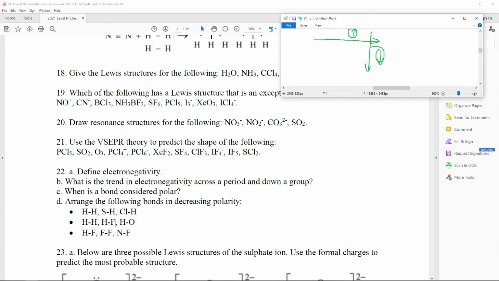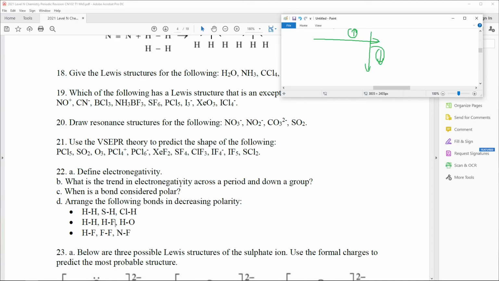An example is Cl and F. These are in the same group, however F is above Cl, and thus it's more electronegative than it. And of course we already mentioned F is the most electronegative in the entire periodic table, so there you have it, immediately your answer. So it increases across a period, decreases down a group.